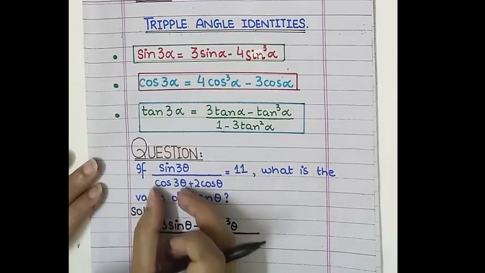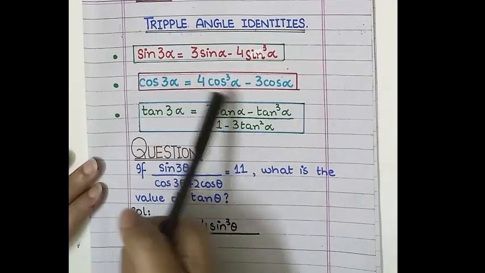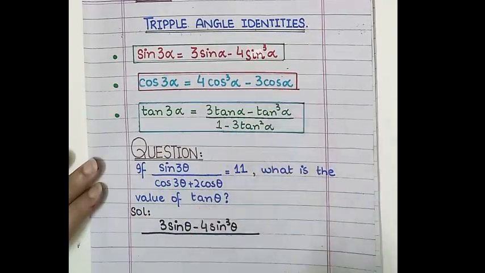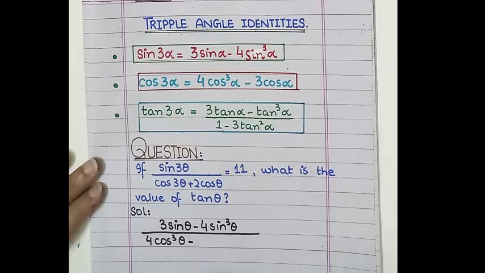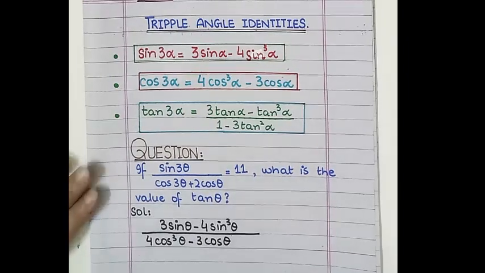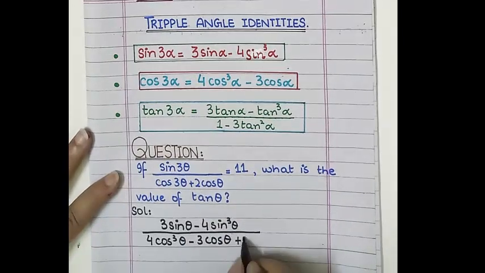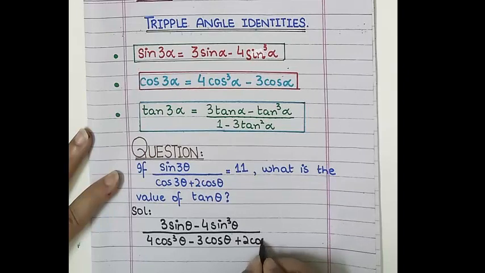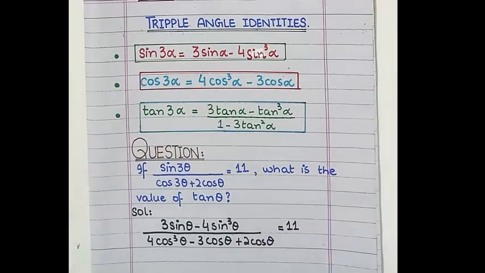This is cos 3 theta. So this is the formula for the triple angle of cos. Writing this formula in terms of theta, 4 cos cube theta minus 3 cos theta. Now this one will be written as it is, plus 2 cos theta, and this is equal to 11.